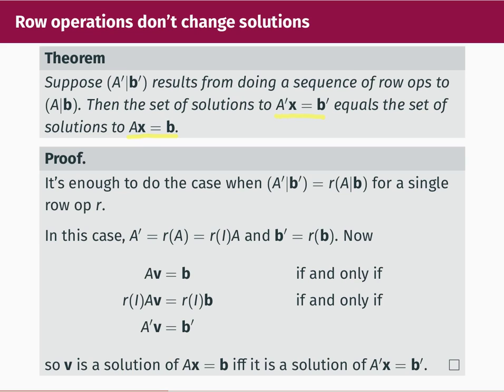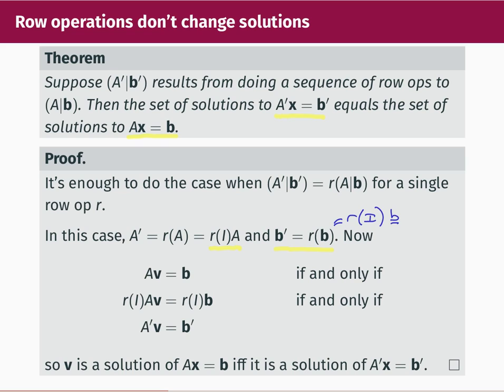So in the case where A', B' arises from doing R to AB, well then A' would be the same as R of A, which is equal to R of I times A. Equally, B' is equal to R of B, and that's R of I times B. I'm underlining that B to emphasize it's supposed to be a bold vector B. So here, I is the identity matrix of whatever appropriate size.